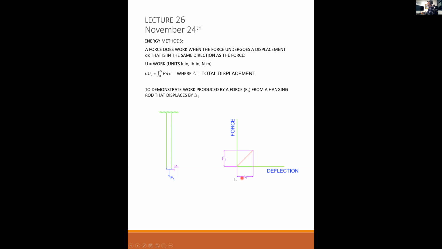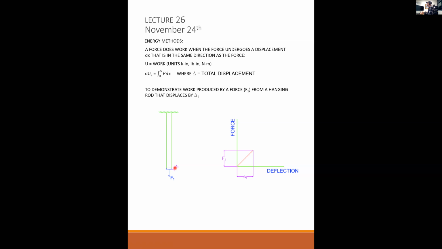So if I plot this, if I apply 0 force, then I get 0 deflection. If I increase the force to F sub 1, then as that force is increasing, this rod is displacing. As I increase the force, the deflection increases until I reach a stable F1, say 10 pounds, whatever it is.